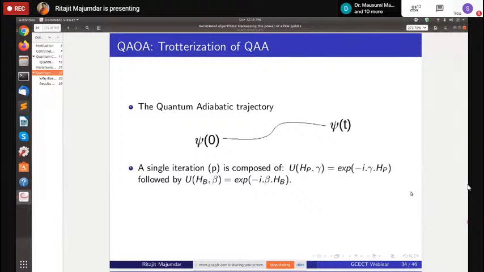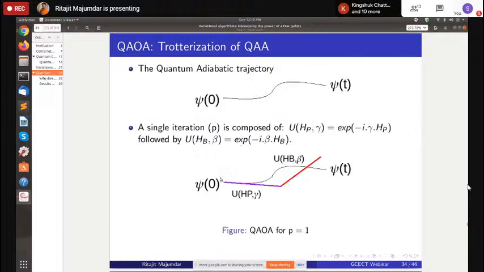So this is the QAOA circuit, but what do these gates actually do? We have this trajectory, right? And we want to break it into discrete states. UHP and UHP, so this gamma and beta, you can think of them as time duration or the length of this line. UHP and UHP are actually breaking this trajectory into discrete states.